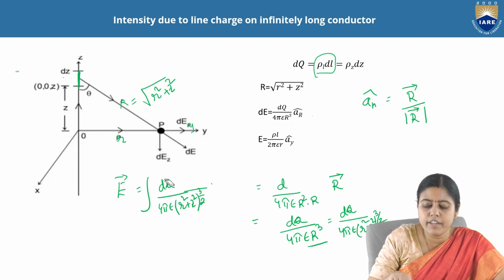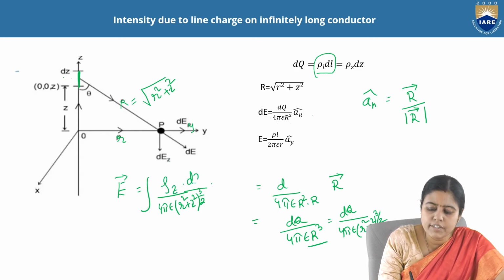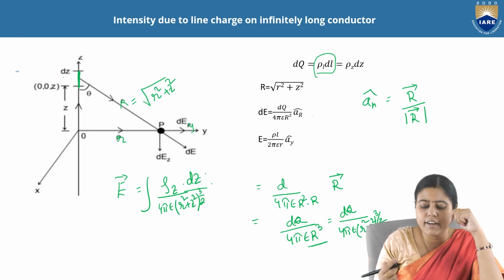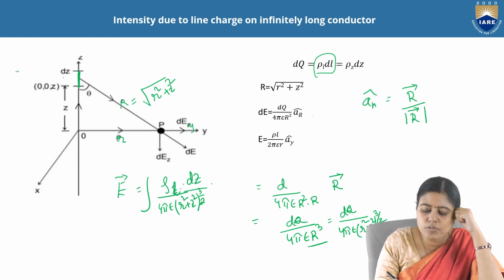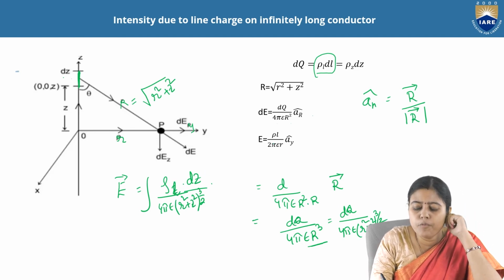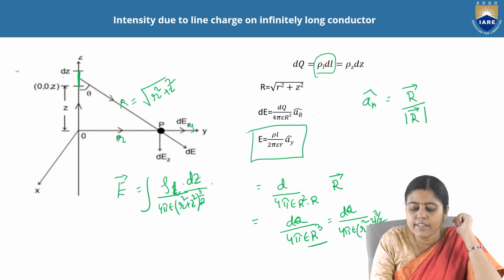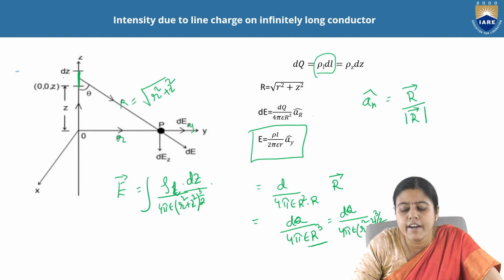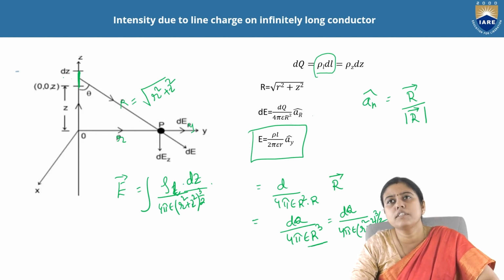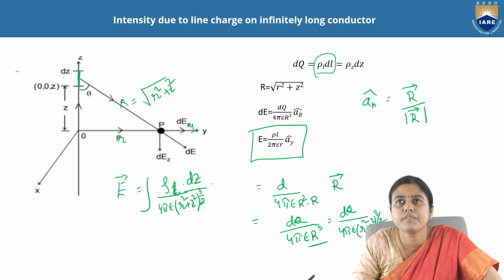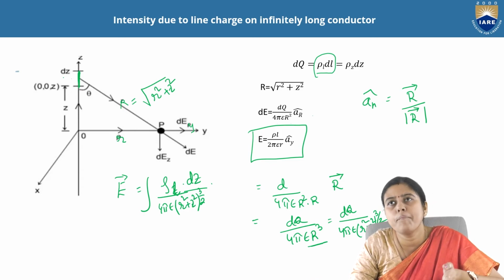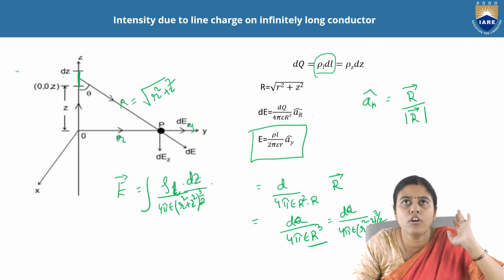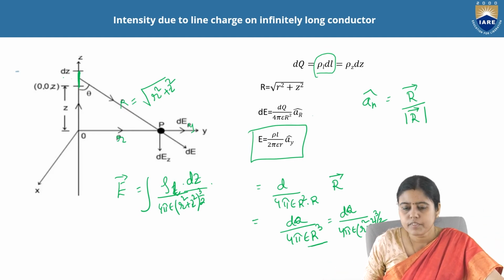In the place of dq, we can write rho L into dz. So if we put the value, we will get E is equal to rho L by 2 pi epsilon r into ar. So this is the electric field of an infinitely long conductor.